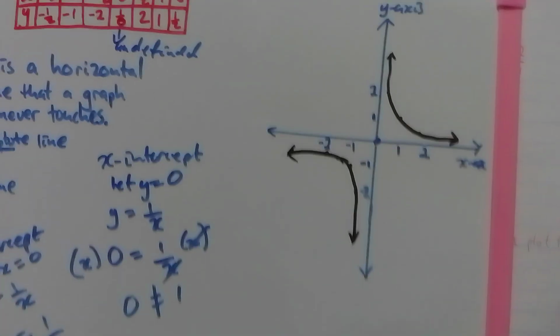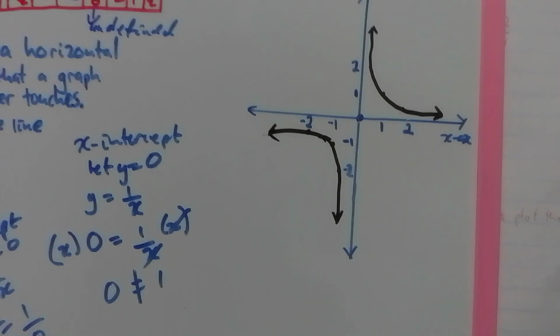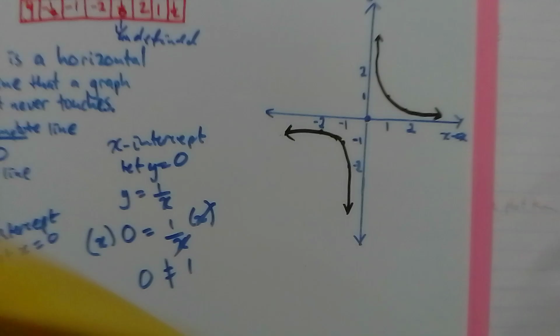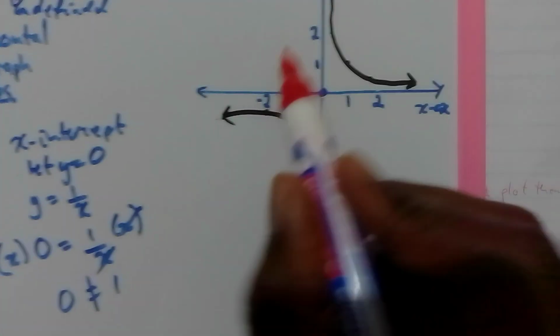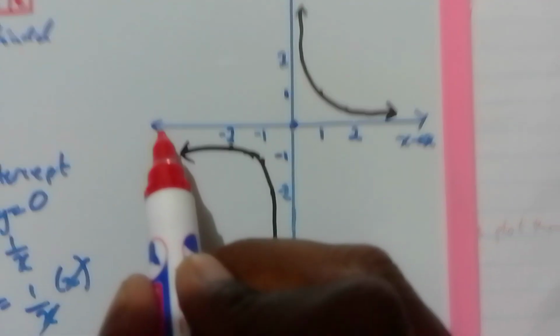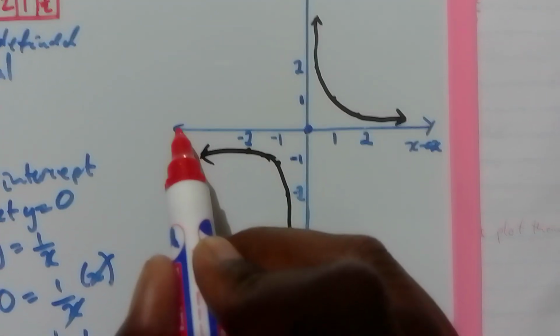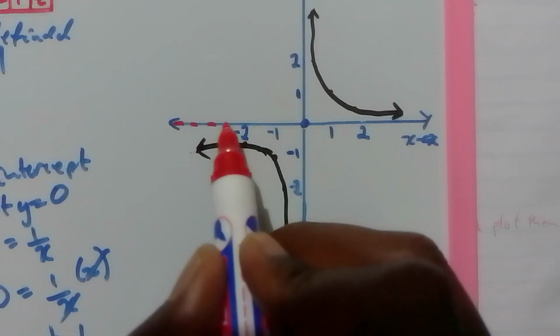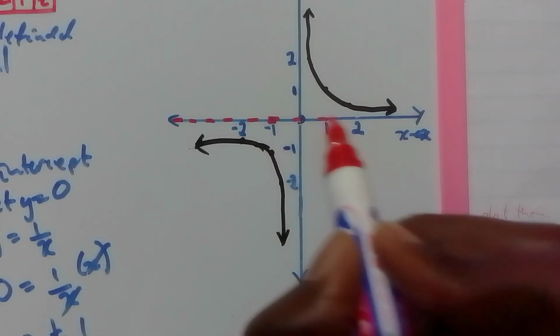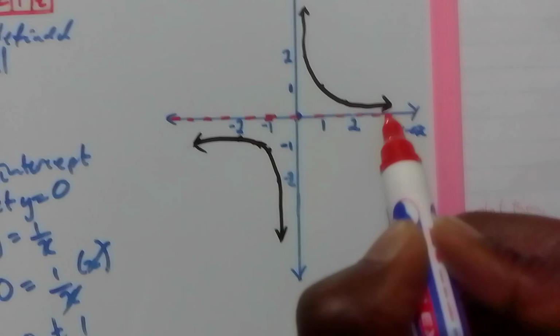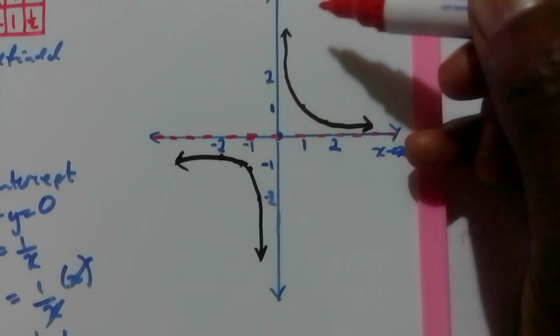Now, there is a way that we represent asymptotes in most cases. In your textbooks, there will be a broken line, because this is an asymptote. We are indicating that this is our asymptote. Our graph is never going to touch this. It can come close, but it can never touch it.